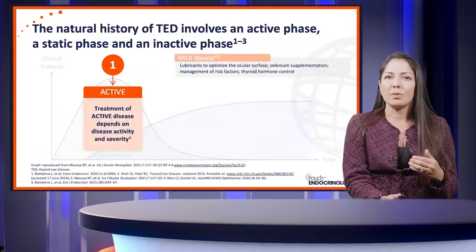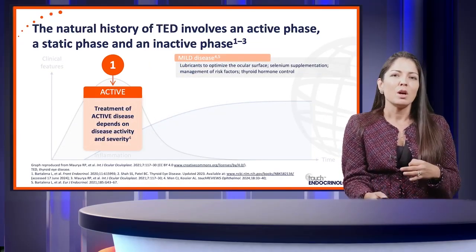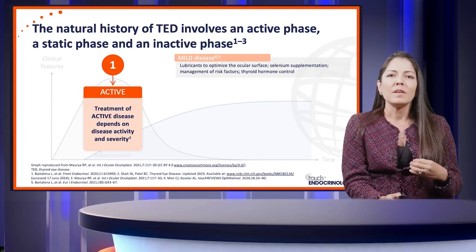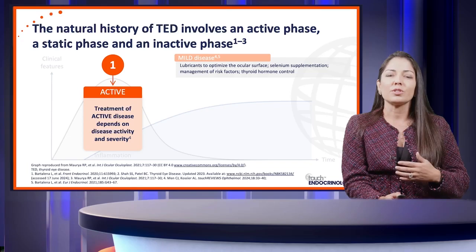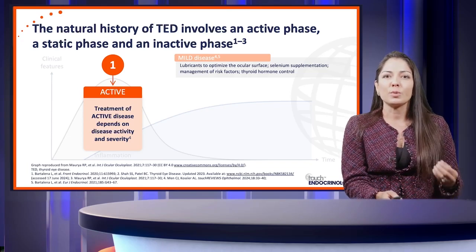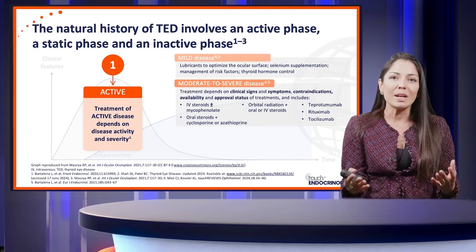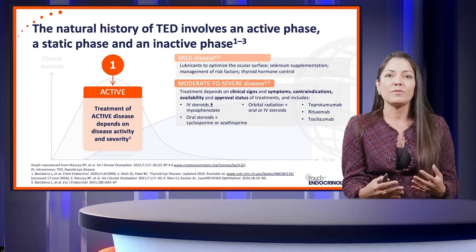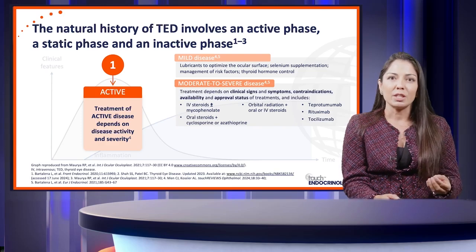Now, there are many treatment options for thyroid eye disease, and we're not going to get into it too deeply here, but I would be remiss not to mention that when patients have mild disease, we want to treat them conservatively by lubricating their ocular surface and minimizing risk factors for progression of disease. When patients have moderate to severe disease, there are many medical therapies that have been reported to be effective, including steroids, radiation, and biologics.